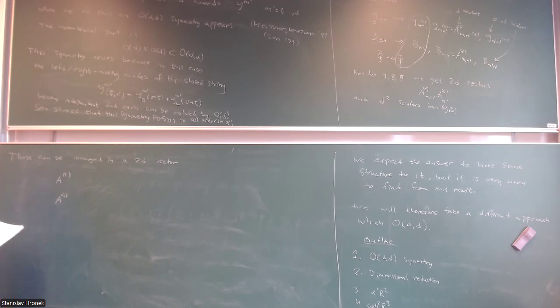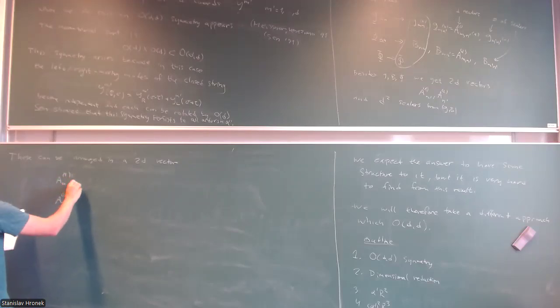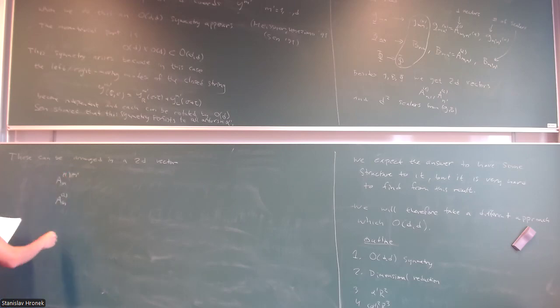A1 and A2, remember, A1 comes from the metric, A2 from the B field. They have an external index M. Then they have an internal index, which was M prime, which I'll put upstairs here and downstairs here, for conventional reasons. So I group them together like that.